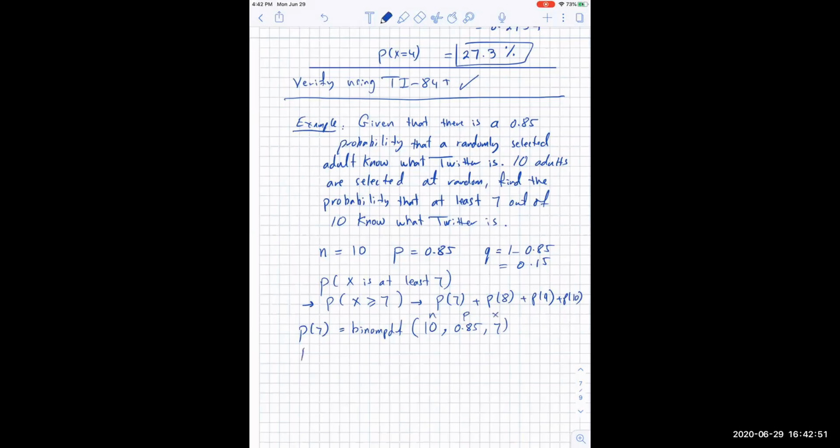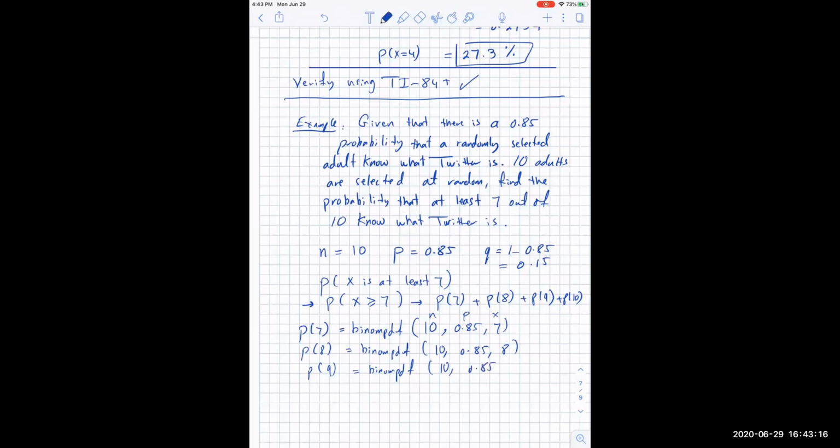And then you're going to do this for all the values: P of 8, 10, 0.85, and probability of 9, again 10, 0.85.